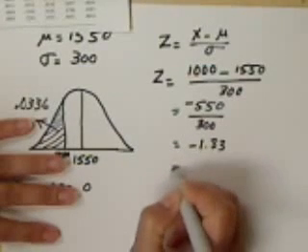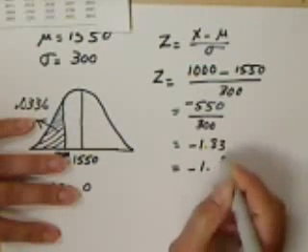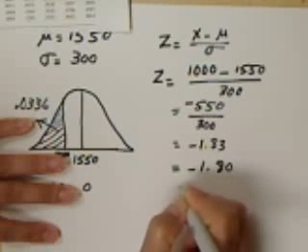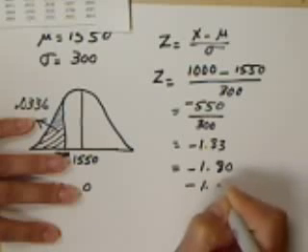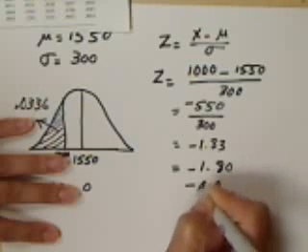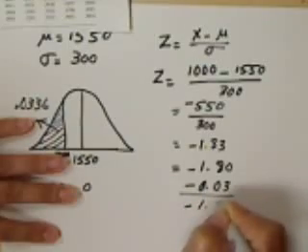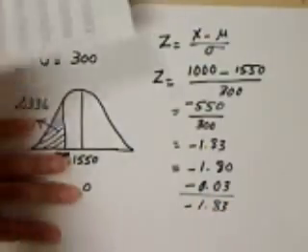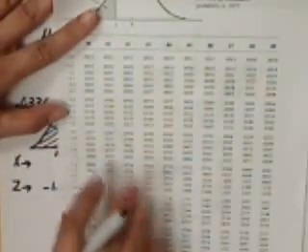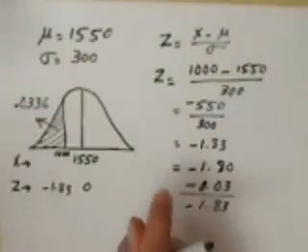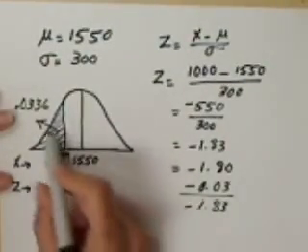And we know that because negative 1.80 minus 0.03 gives us negative 1.83. And so that's how we read it on this table. Now at the intersection, we find 0.0336, which is what I marked here.